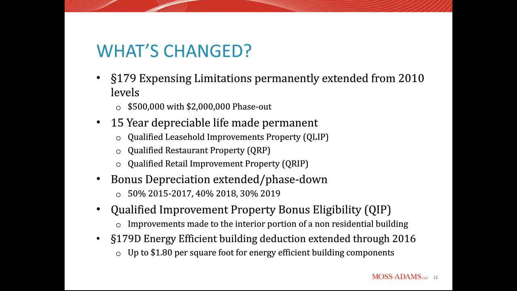So let's say you had a building that you acquired 5 years ago, and you capitalized it as 39-year property in your fixed assets. The IRS allows you to go back and apply a cost segregation study and change depreciation from what you had originally depreciated at to what it should have been depreciated. So you're able to catch up all those deductions that you should have taken during that 5 years in the current year. And it's done through what's called an accounting method change.